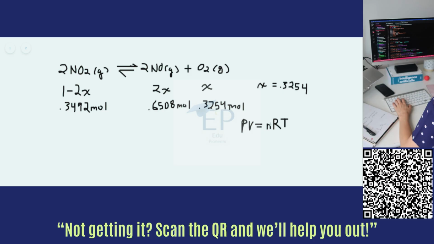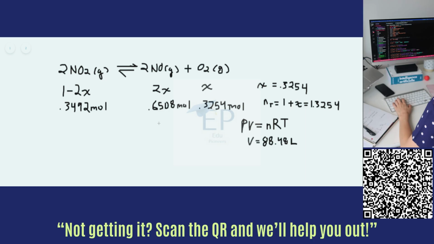From previously, you remember the total number of moles equals 1 plus x. We now have x, so this is equal to 1.3254. So that's the number of moles here. We know the ideal gas constant, 0.08206, and we know the temperature in Kelvin is 610. So we can solve for volume, and volume equals 88.48 liters.